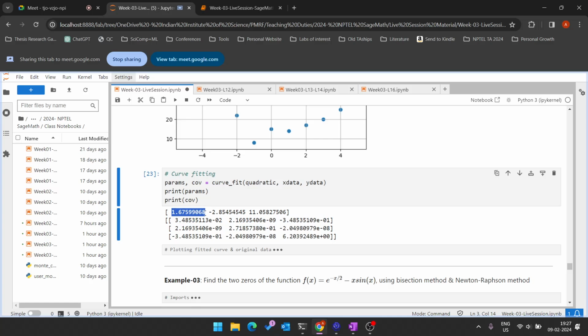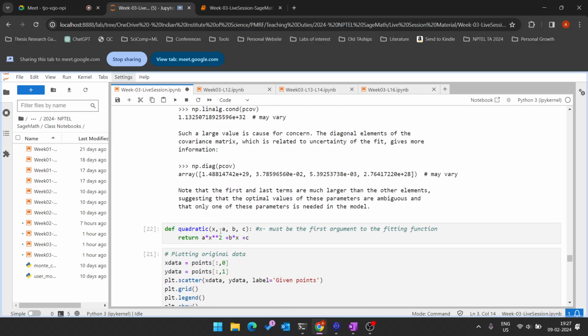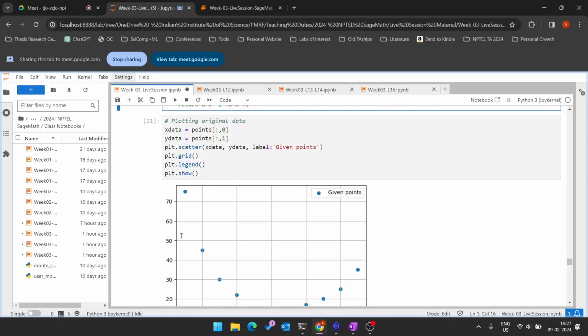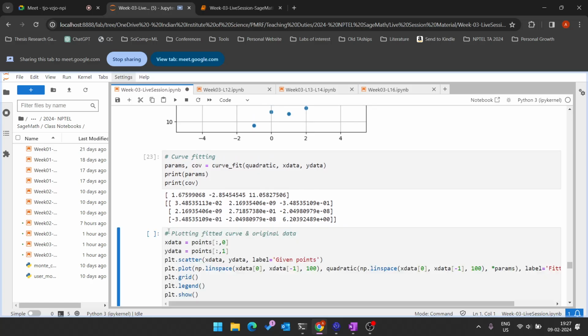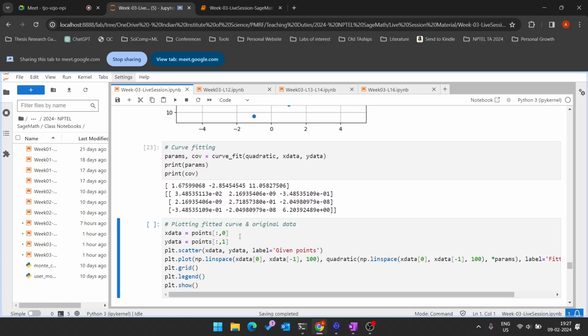You can see that these three params correspond to the last three parameters, apart from the first one, present in the quadratic function. So we have now obtained some fitting parameters, and now we want to plot both the original data against the fitted data. So how do we do this? We again obtain our x data and y data.